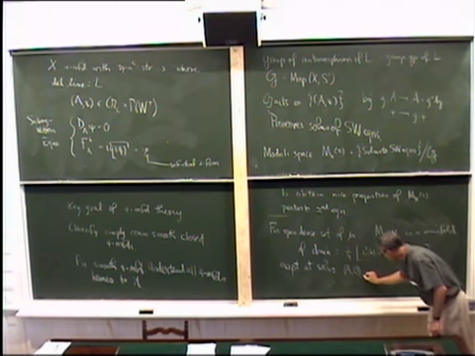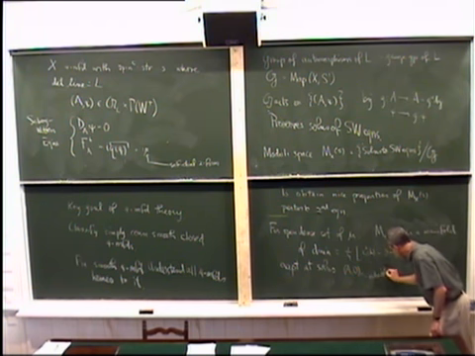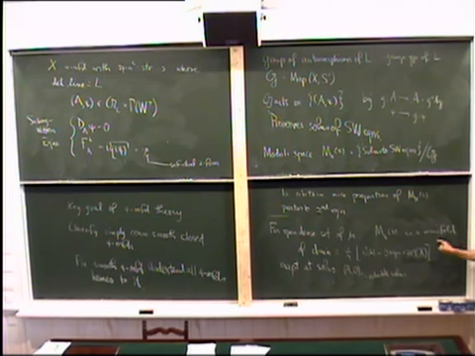And these are called reducible solutions. So away from reducible solutions, one gets a manifold whose dimension you can calculate.